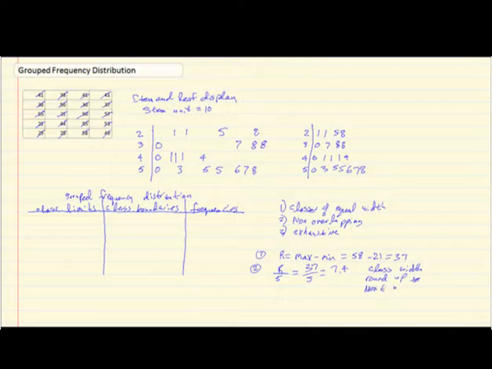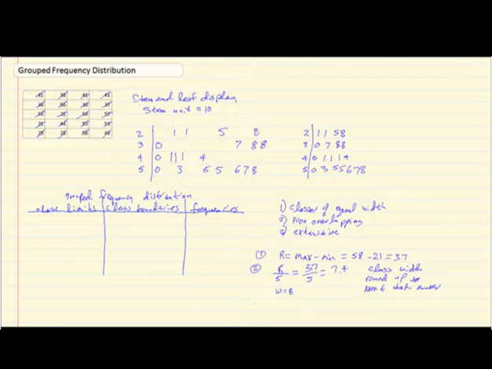If our data set had been tenths place data values, we would have rounded up to the next tenth. So you round up according to the place value significance of your data values. So our class width will be 8.